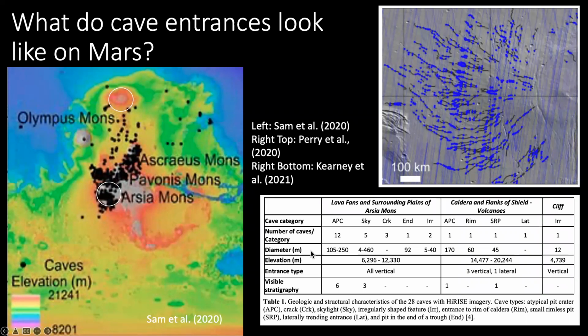And then we have this study from Kearney et al. 2021, where they actually went through and characterized the types of entrances associated with Archaeamons and only found one lateral entrance. So by and large, the majority of all these black dots are probably vertical entrances, which means we're in that high complexity side of the box.